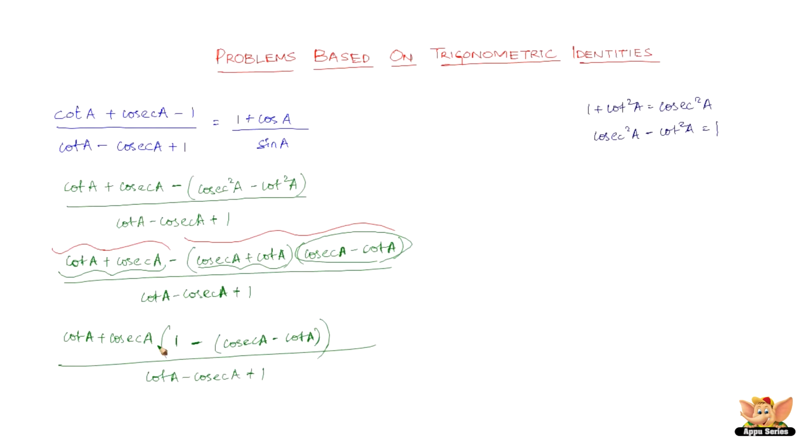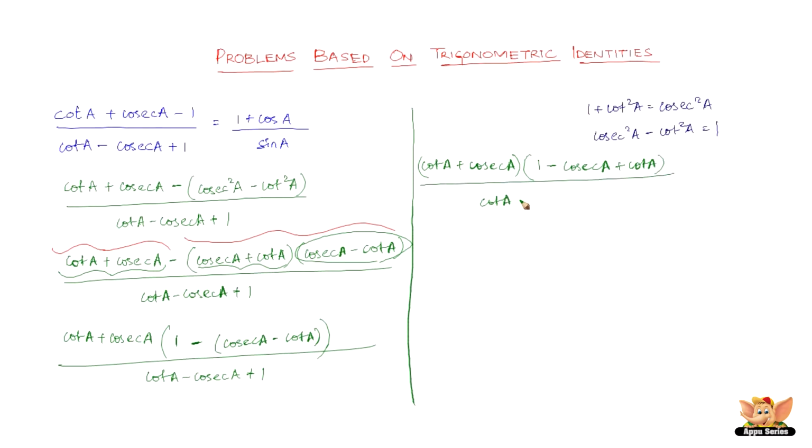So what's the next step? Let me draw a line here. The next step is cot A + cosec A, written in brackets, and open another bracket. Let's open these brackets now: 1, negative of cosec A is negative cosec A, and negative of negative cot A is positive cot A, over cot A − cosec A + 1.